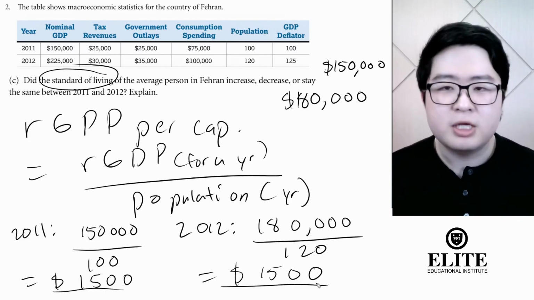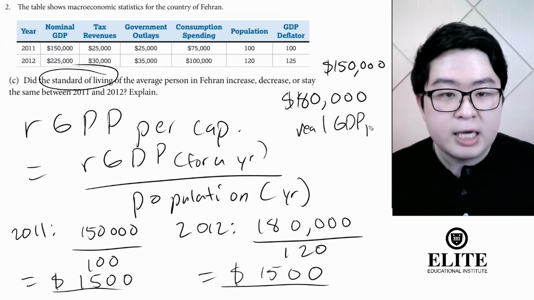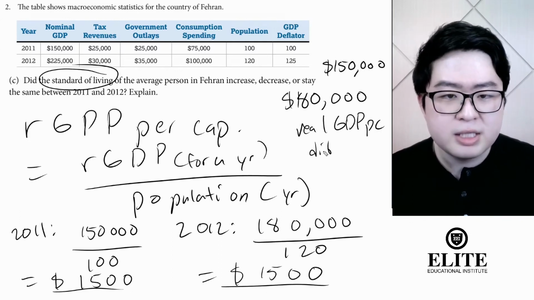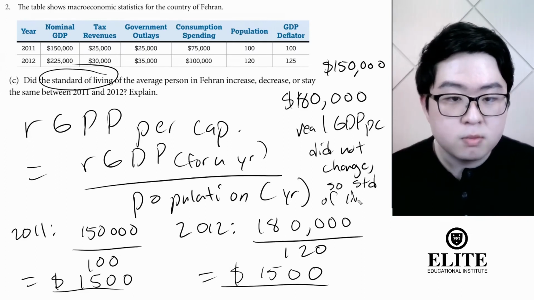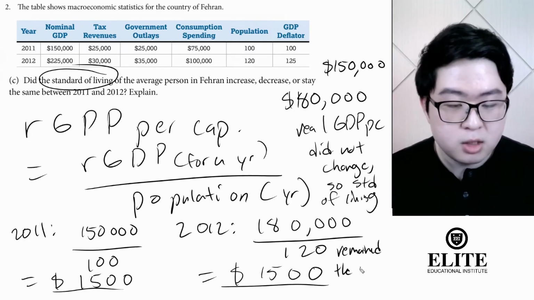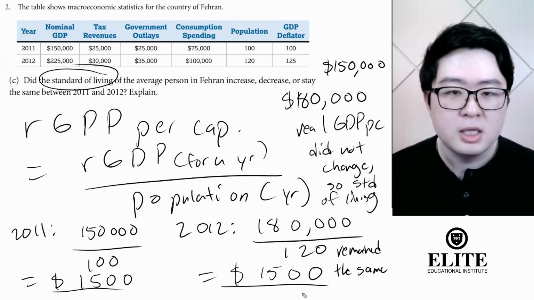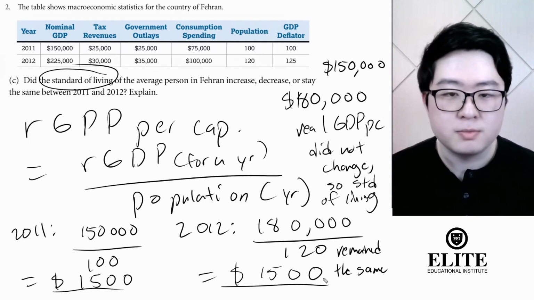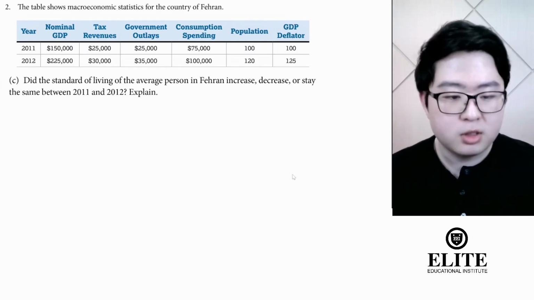So all you need to do to get full points here in part C is say real GDP per capita did not change. So the standard of living remained the same. And of course, showing the work of how to calculate a real GDP per capita is necessary too. So that's going to answer part C here. Moving on to part D.